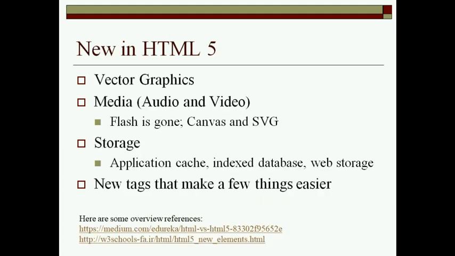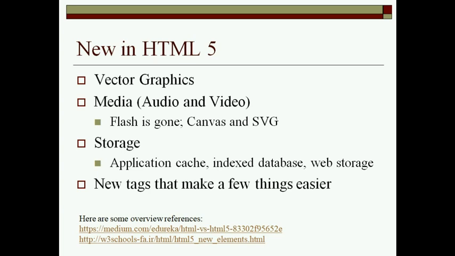So what exactly is new in HTML5? In summary, we have vector graphics. It is possible to allow media and manipulate media in a much easier fashion, both audio and video. Flash is gone, but we now have Canvas and SVG. Storage is new.